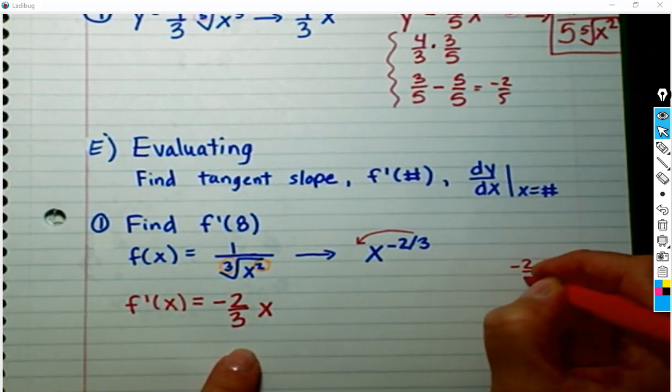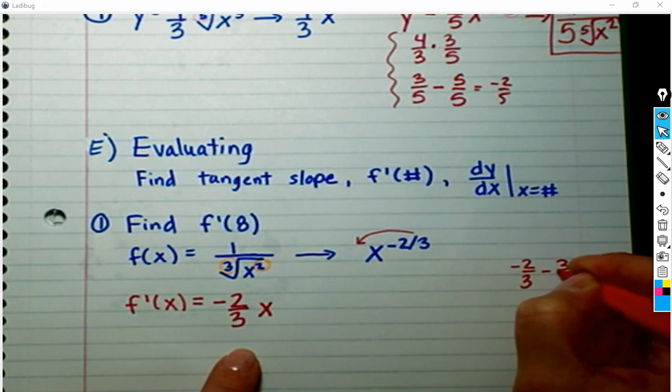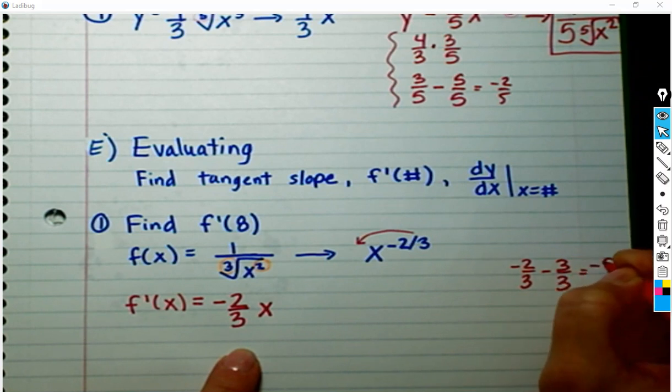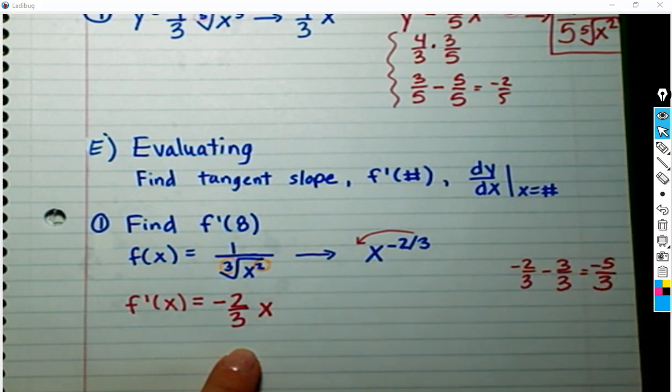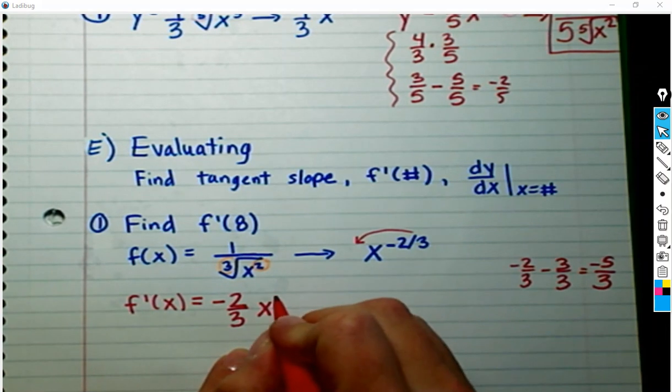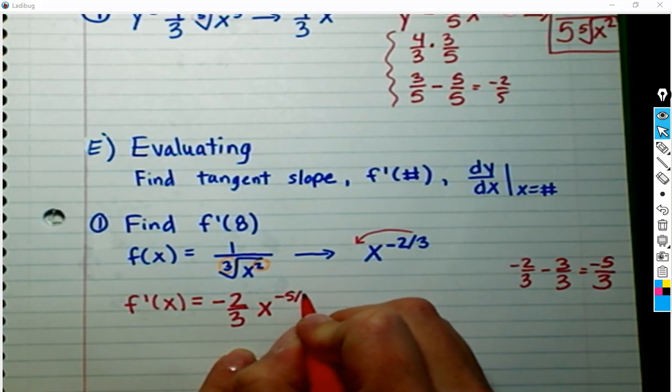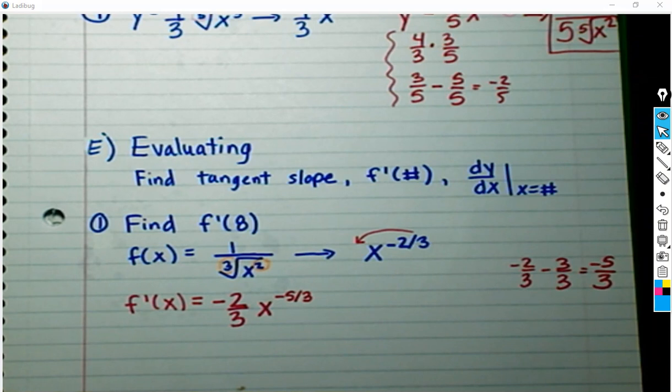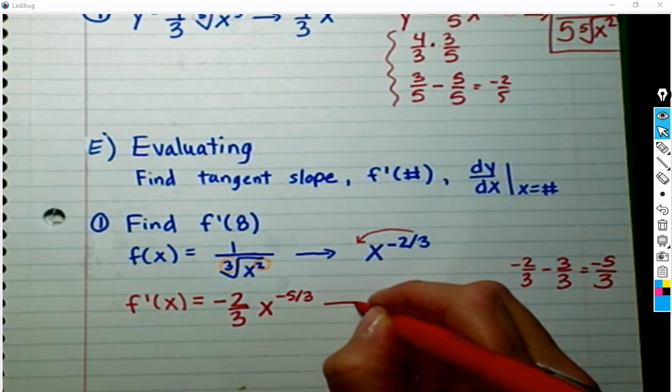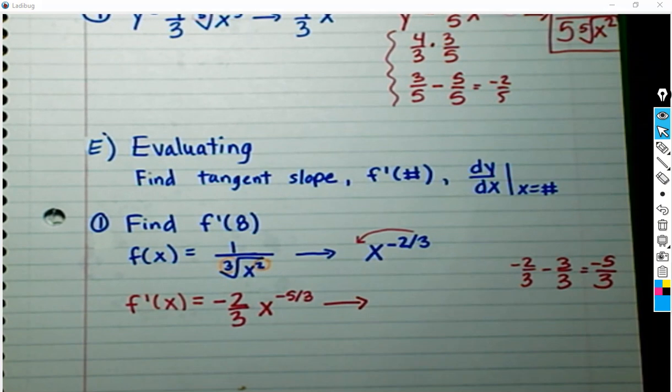So I'll just do a little bit of subtracting over here. Okay, so minus 5/3. So minus 5/3. And then put it back.